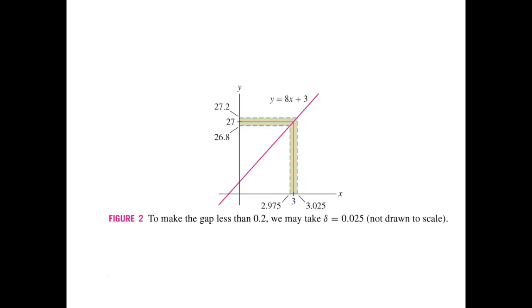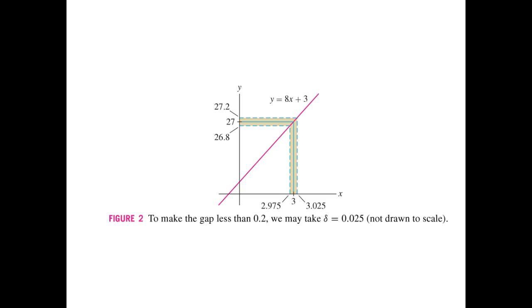But if you pick something within 0.2 here, you're going to have to get between 0.025 here, and you're guaranteed that's going to be there. That means the limit exists. No matter how small you choose that, you can find the delta below like that.